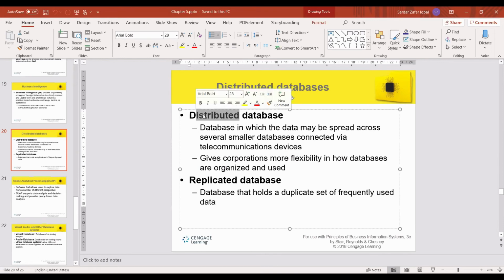So your database is distributed in different places. For example, one organization has an office here in Khobar, one office in Dammam, one office in Riyadh, one office in Jeddah. So they have different employees, different offices, different records, different data there, but all data are related with each other because in the end it is one organization. So you have to connect all these databases with each other. Okay?